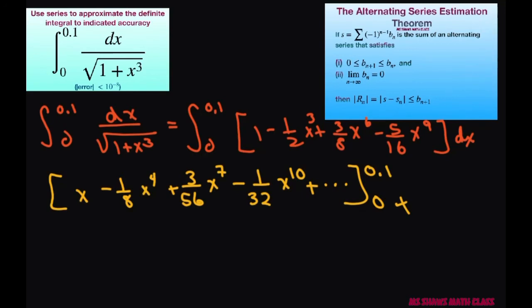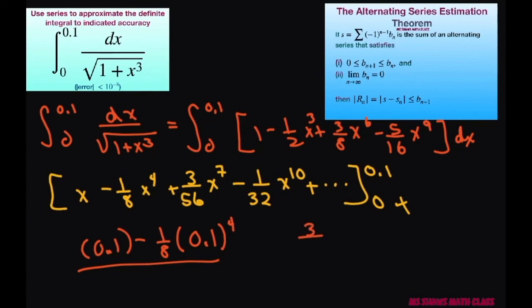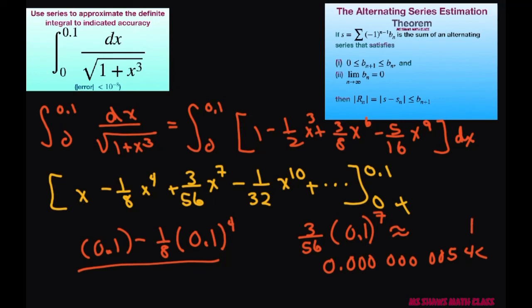So by the alternating series theorem, 0.1 minus 1/8 times 0.1 to the fourth is going to be our answer, since if you have 3 divided by 56 times 0.1 to the seventh, this is approximately 0.00000000 and then 0.0054, which is less than 10 to the negative eighth power.